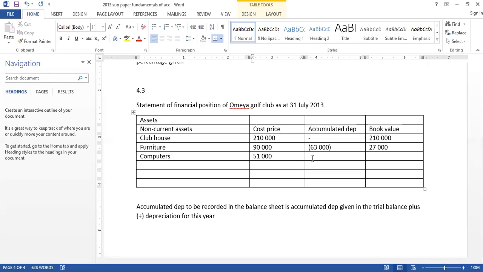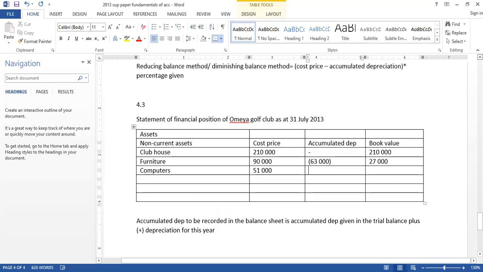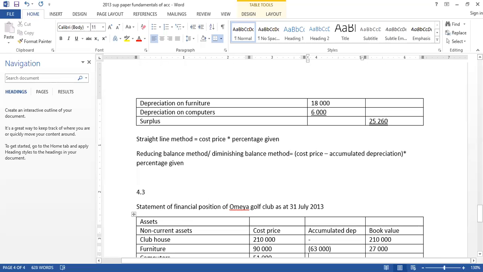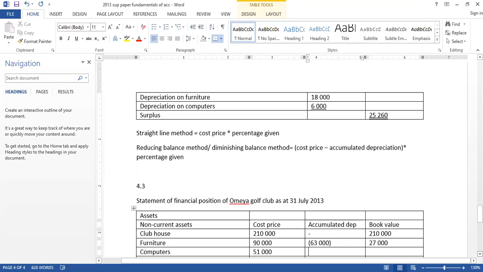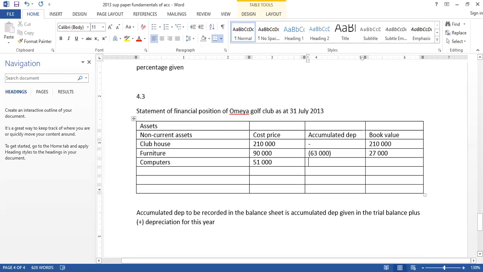Okay. And then our accumulated depreciation, we said, is the accumulated depreciation given in the trial balance, which is 27,000, plus accumulated depreciation that we calculated. Now we go back to our depreciation, and we calculated a depreciation of 6,000. So you add 6,000, and then you get 33,000.